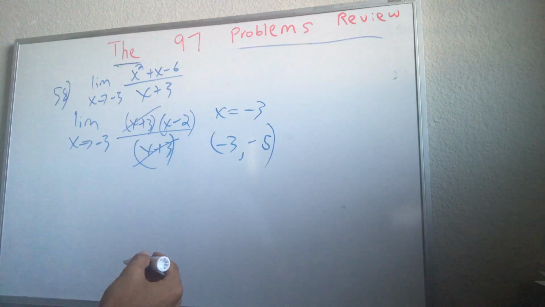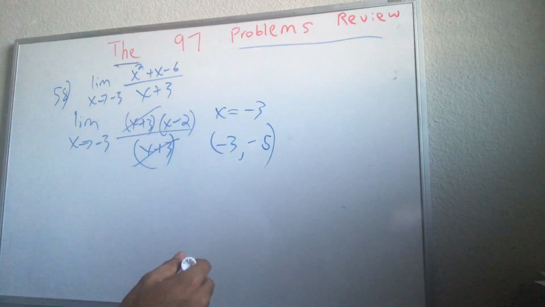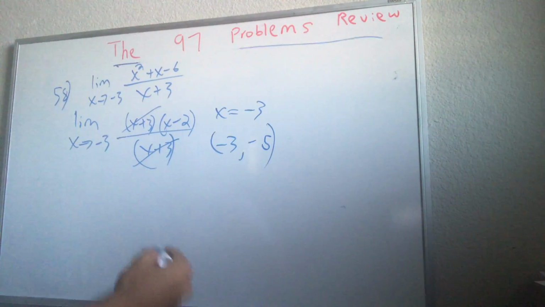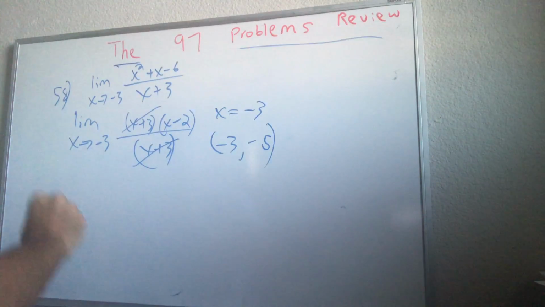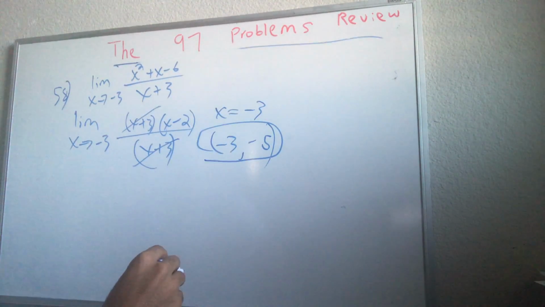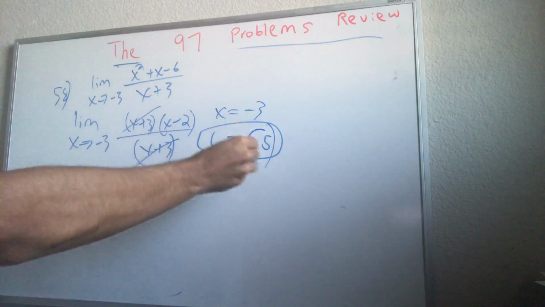Really, when we're talking about the limit as x approaches -3, that is talking about that specific hole, the removable discontinuity that goes away when we cancel out the factors. So you will still get this value: -5.